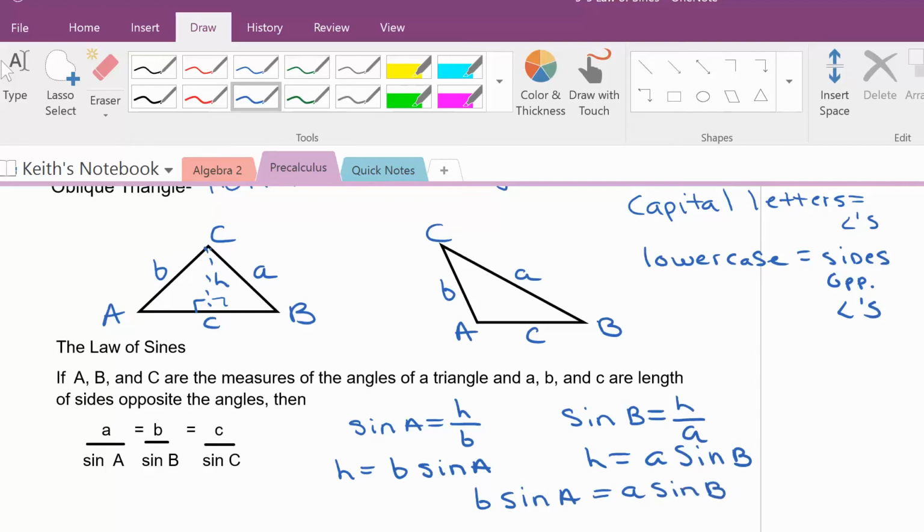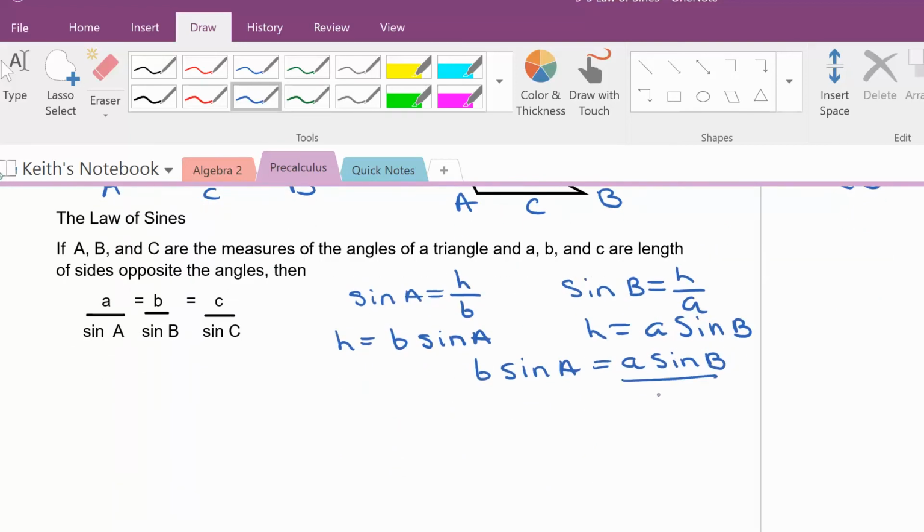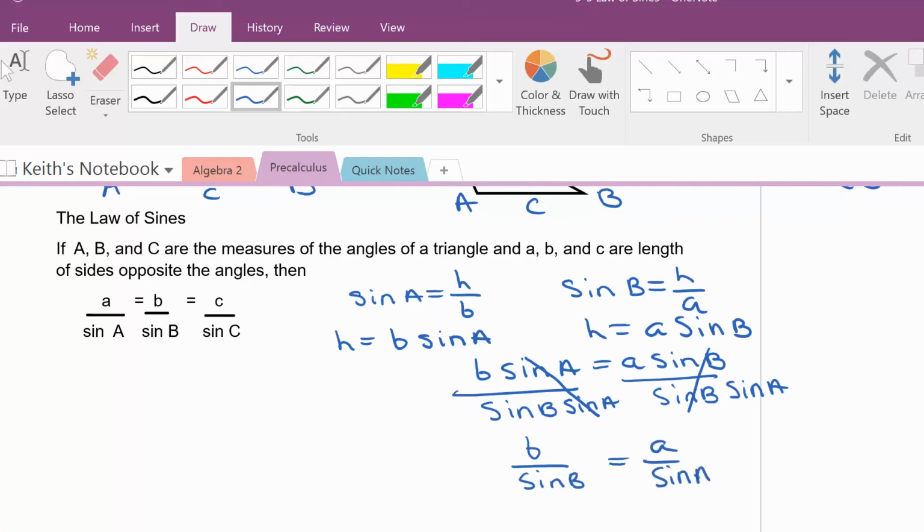And then if you divide by sine B and sine A on both sides, you're left with b over sine B equals a over sine A. And you could do the same thing if you drew the height for side C.